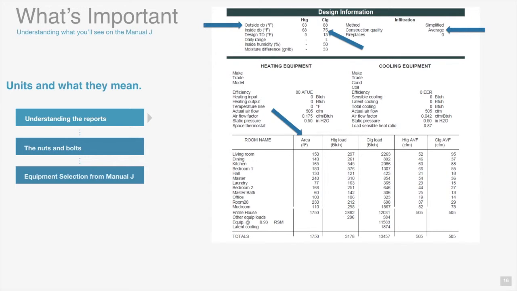So as long as you're within plus or minus 10%, that's a reasonable figure. The closer the better, but don't get too crazy trying to figure out who measured what wrong. As long as you're within 10%, you're good to go.